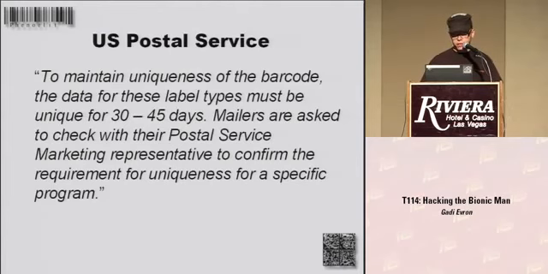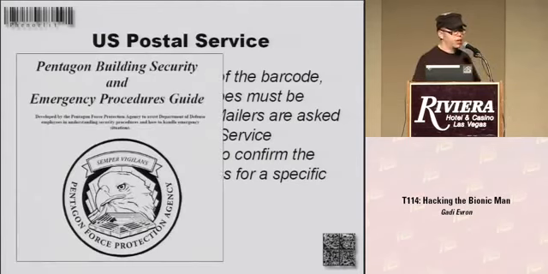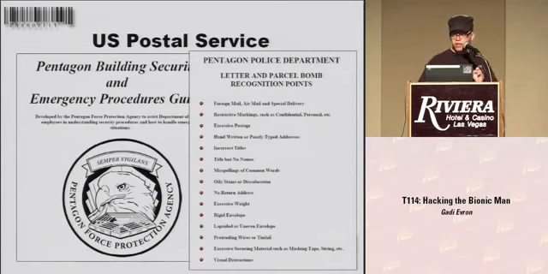Now, on the other hand, I compared that to another spec that at first sight has nothing to do with it. This is the Pentagon Building Security Emergency Procedures Guide that also has a guide on how to handle mail and recognize letter bombs. So it has all those things like foreign mail or excessive postage, or it actually has protruding wires and tinfoil.